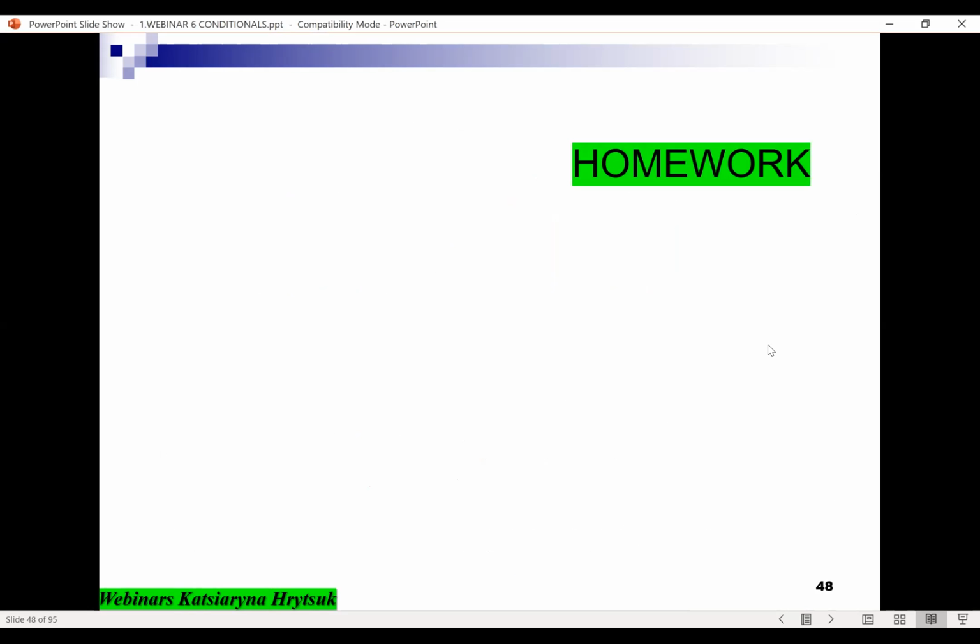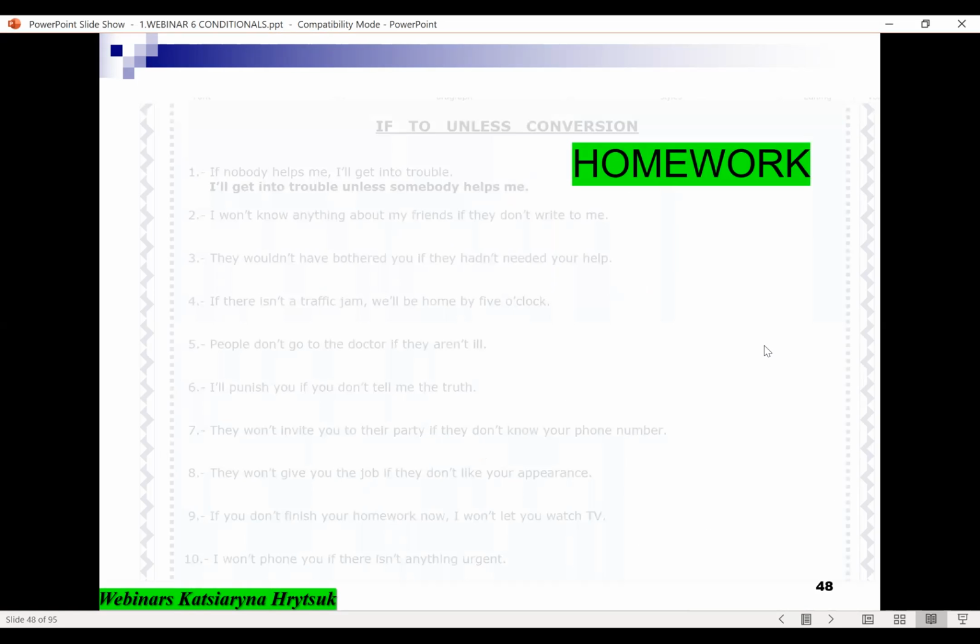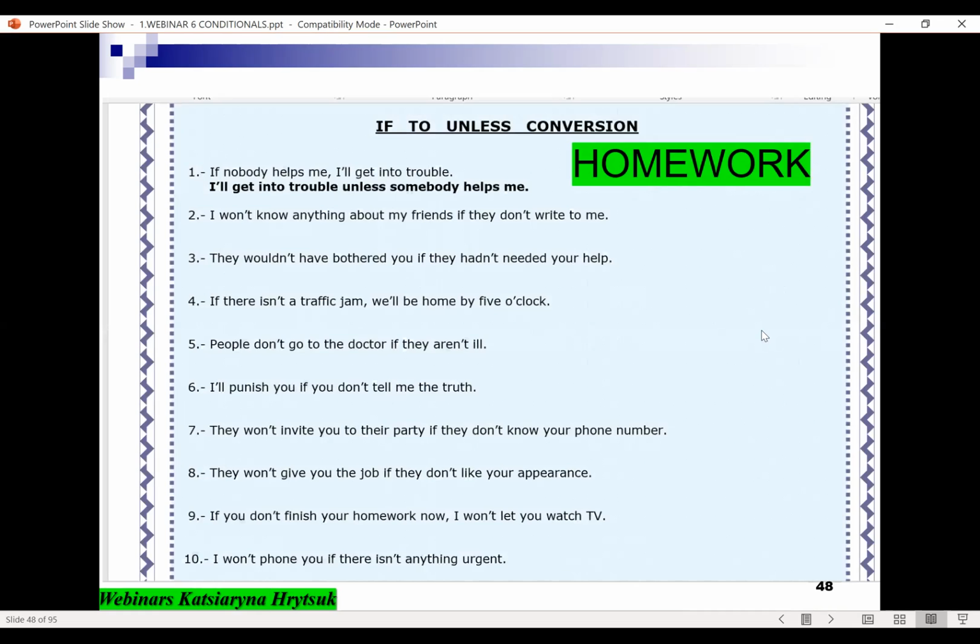I prepared some examples. That is also your homework. Here you will need to think. Florence, can you read it? If nobody helps me, I'll get into trouble. I'll get into trouble unless somebody helps me. So that is the same meaning.